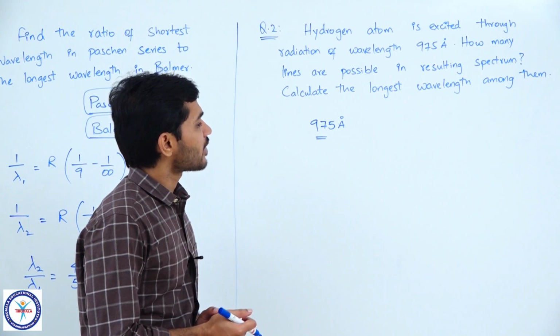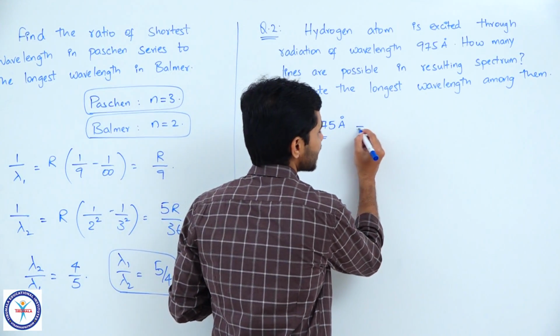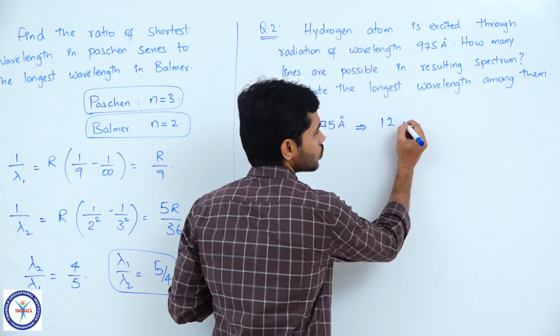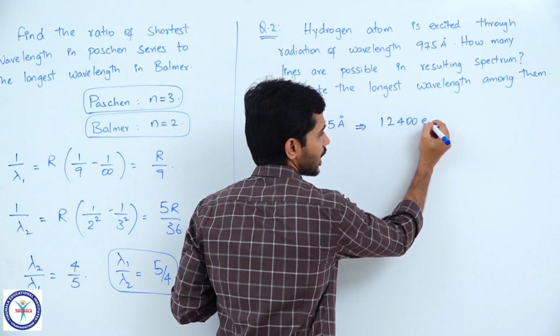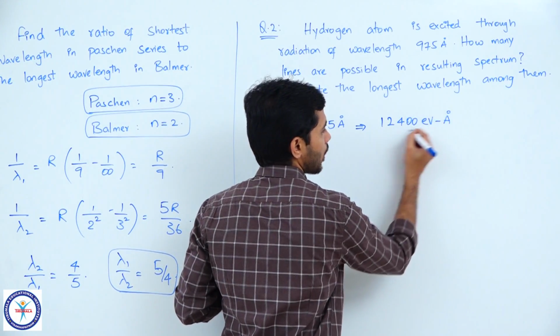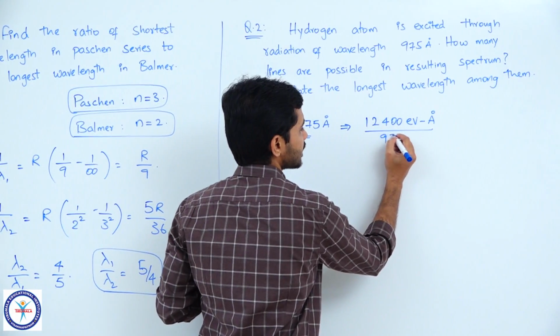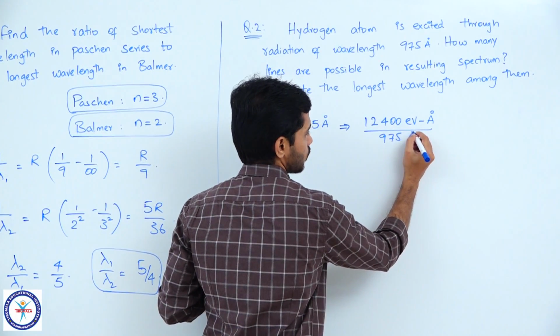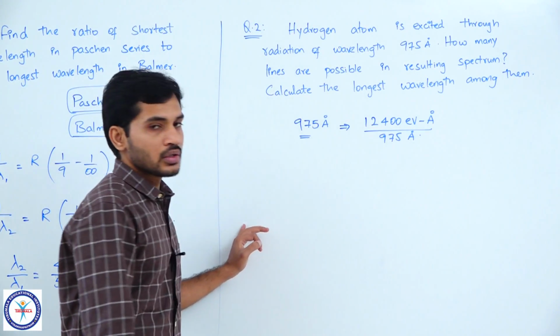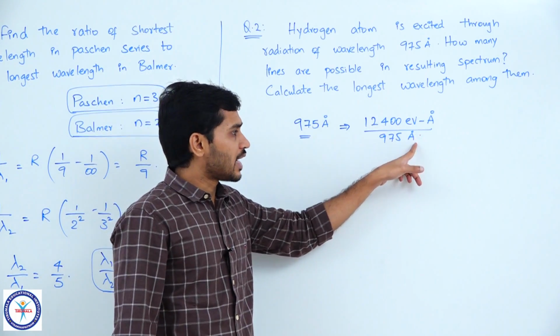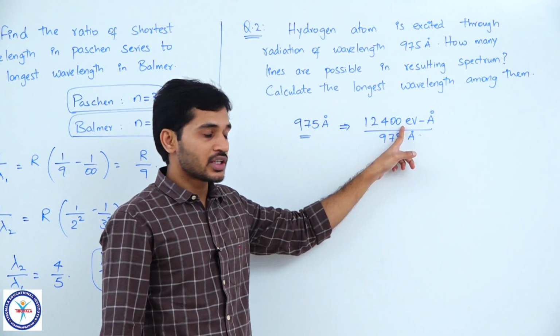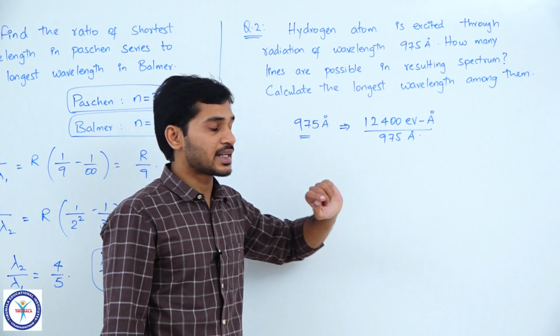So, 975 angstroms, when I convert this into energy, I would be getting 12400 electron volt angstrom by 975 angstrom. Because we are writing in angstrom, I have added one more 0 over here. So, I hope you understand that.